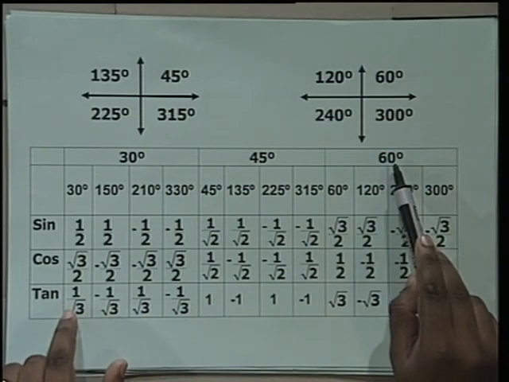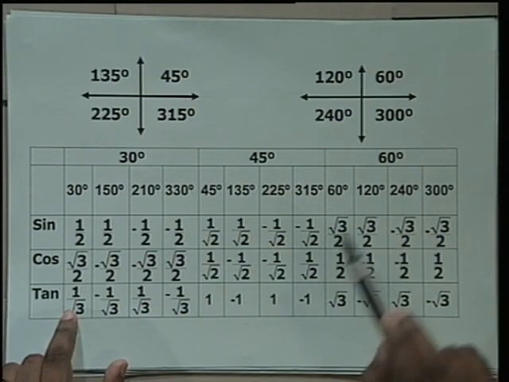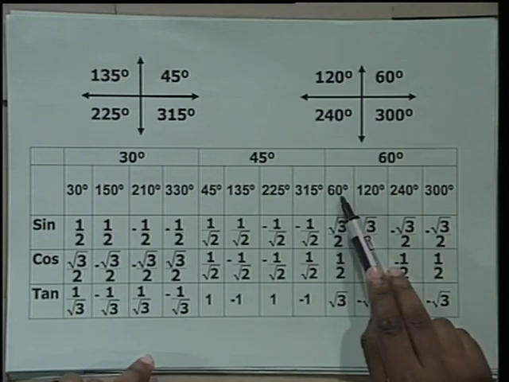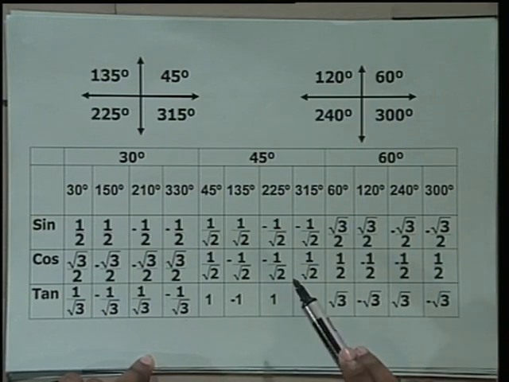Similarly, you've got to remember the exact form of the values of the trigonometric function for 60 degrees and the related angles, which are 120, 240 and 300.